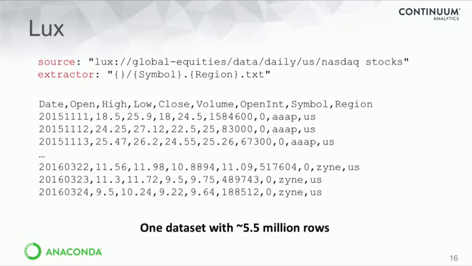In the Lux data set below, you'll notice that we extracted the region and also the symbol. What's interesting about Blaze is that when it does this, it does not actually copy and store the data. It stitches these files together in real time and delivers what looks to you like one data set, although you're piecing that together across the 8,000 files.